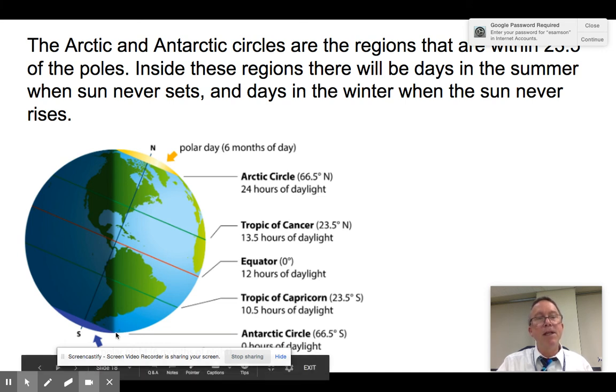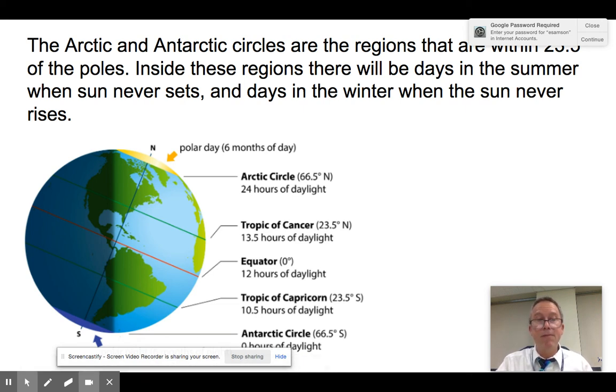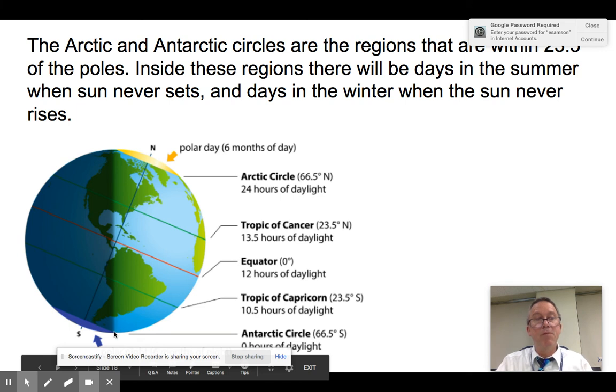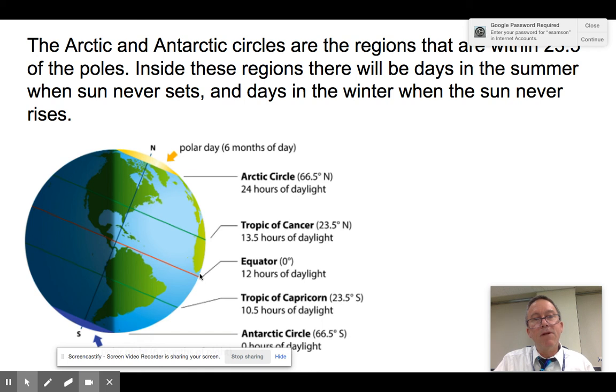Basically, these are regions where at least one day of the year, the sun never comes up. So at this point, there are times of the year where there's complete darkness all day long and complete sunlight all day long.